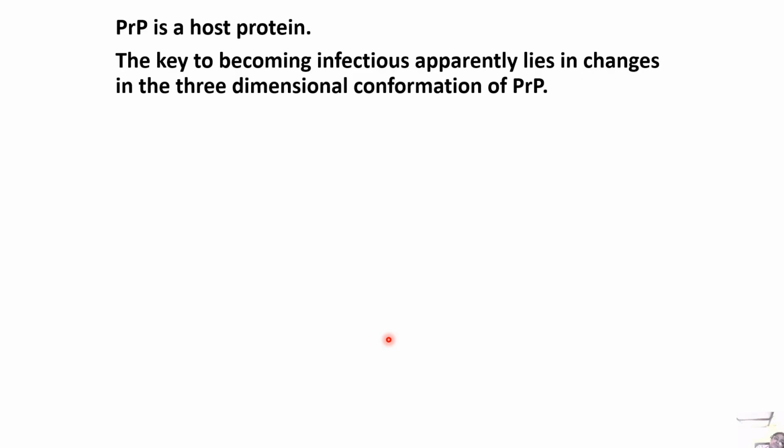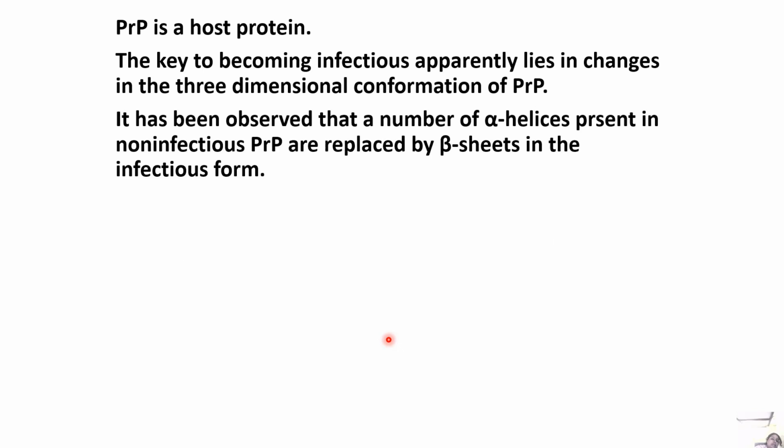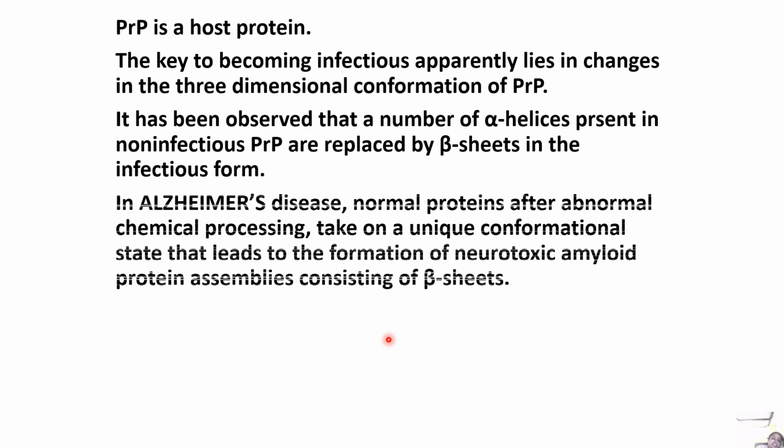Now, PrP is a host protein. The key to becoming infectious apparently lies in changes in the three-dimensional conformation of PrP. It has been observed that a number of alpha helices present in normal PrP are replaced by beta sheets in the infectious form.